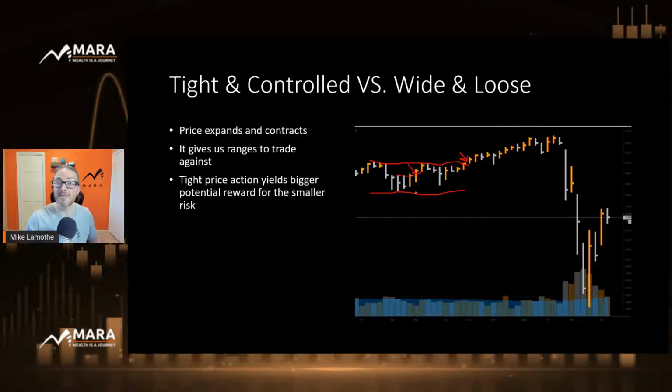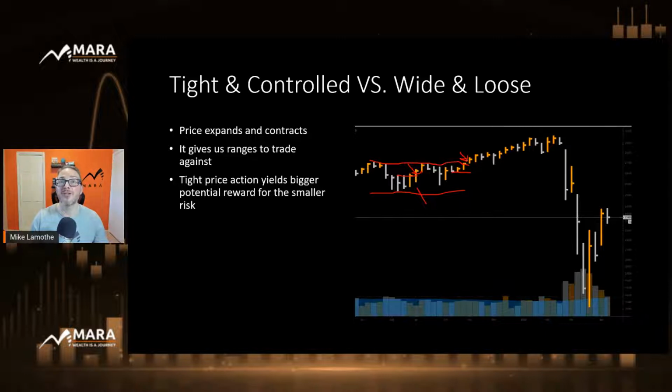And the way that I'm going to say that this trend stops is if price falls back into this and breaks through over here. Right? That's going to be what we're going to say. You notice how this is a bit wider than, say, this over here? Everybody see that? That's one of the things where as price tightens up, it gives us better opportunity. It's giving us a better reward to risk.